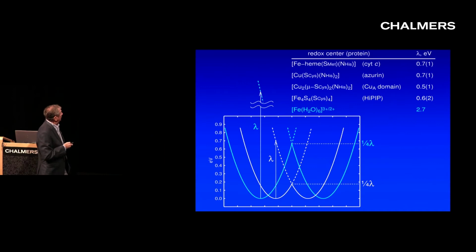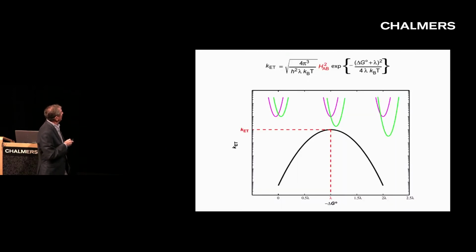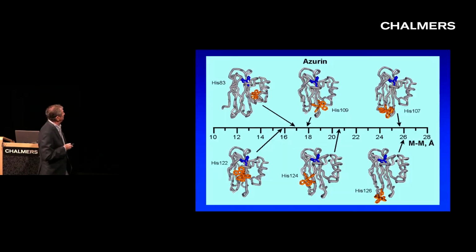So now, having mapped that out, we're left with the guidance system. What in the world is the guidance system? Now that we know the protein allows the barriers to drop and the electrons to come out rapidly, what's the guidance system? In order to map that out, we decided that we would make a series of electron tunneling mutants at fixed distances, because the theoreticians had proposed to us that the guidance system was quantum mechanical superexchange.